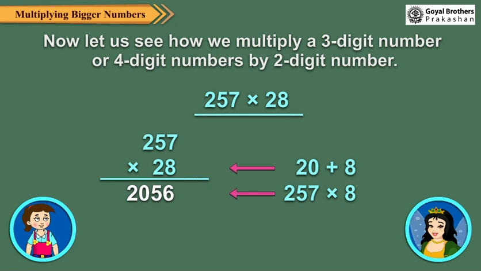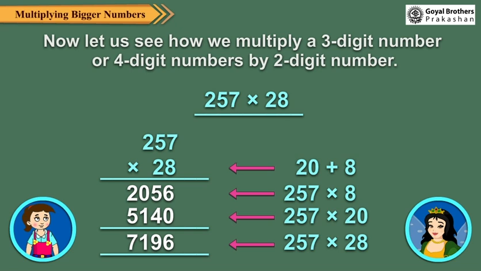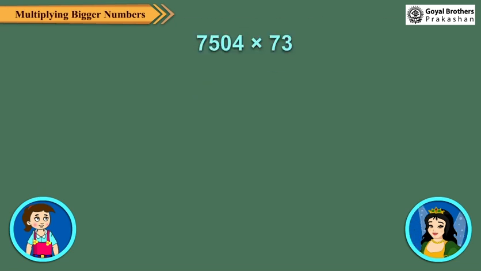Since 2 is at tens place, we multiply 257 by 20 and write the partial product as shown. Finally, we add the two partial products to get the desired product. The above process can be shown as follows.